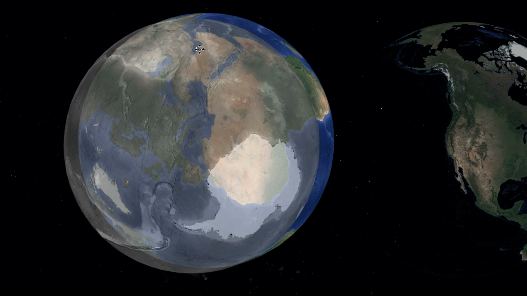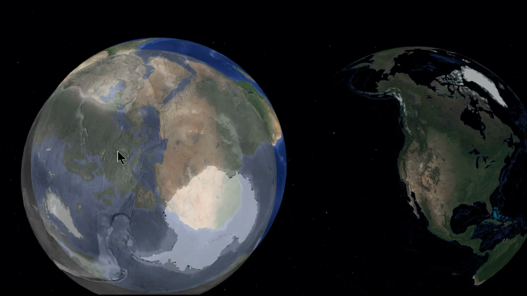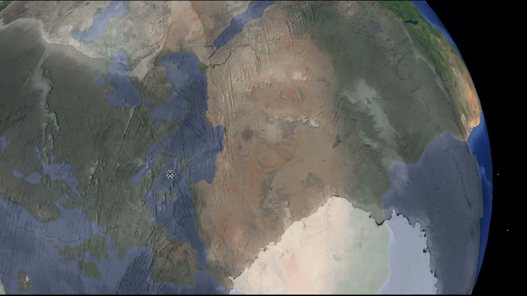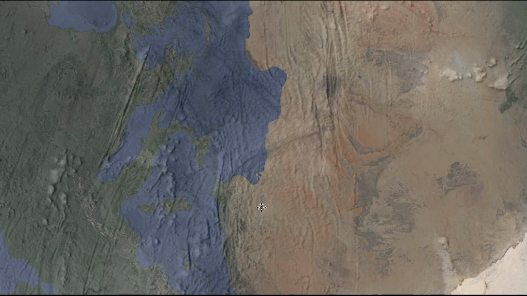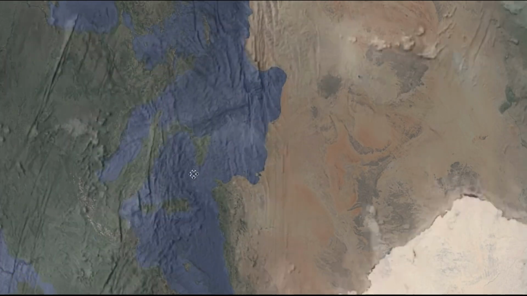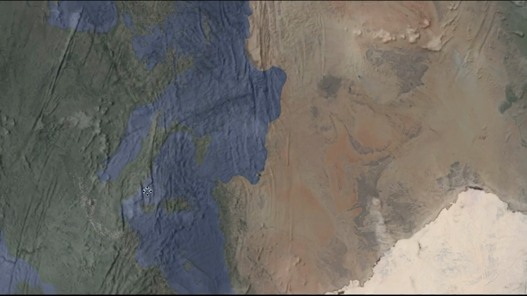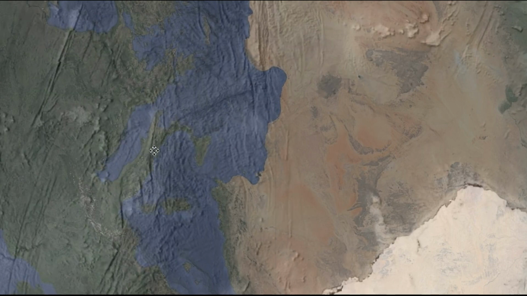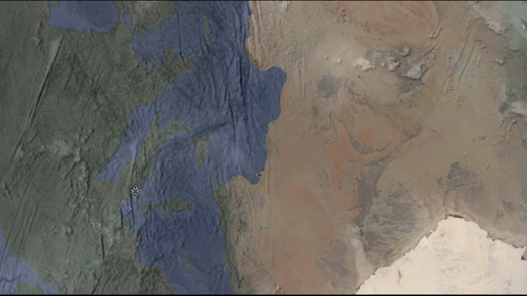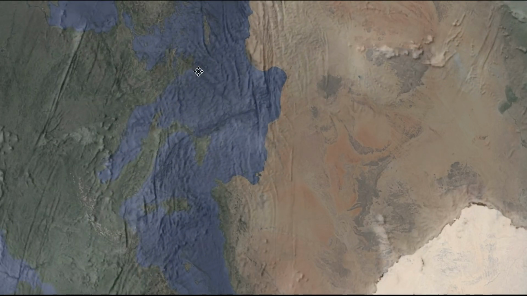But the matching just can't be denied. If you look down here, here's Italy and its boot, and you can just see that there's a similarity here. Look how it fits the mountains. You could just tell this is moving around, and this is responsible for the features in here, the gouging that's going on.